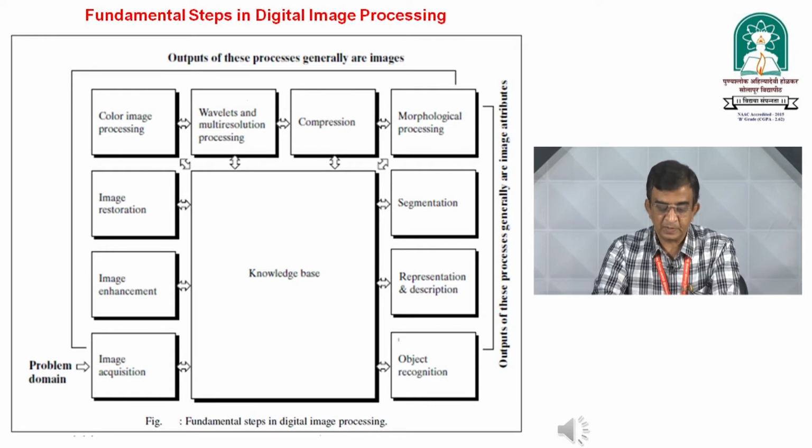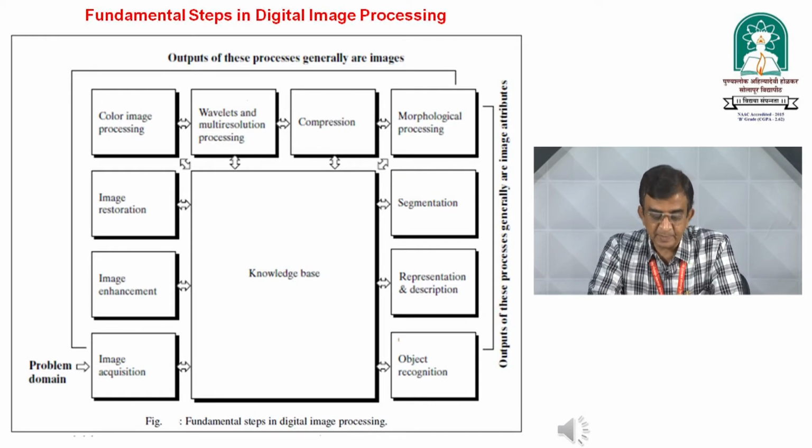Next step is segmentation. Segmentation procedures partition an image into its constituent parts as objects. In general, autonomous segmentation is one of the most difficult tasks in digital image processing.